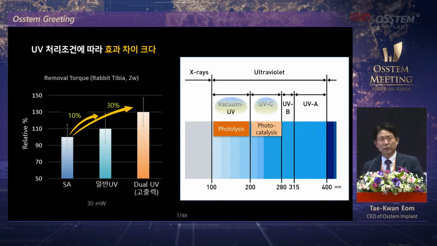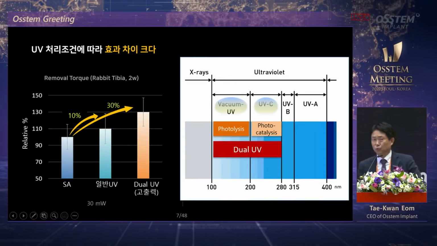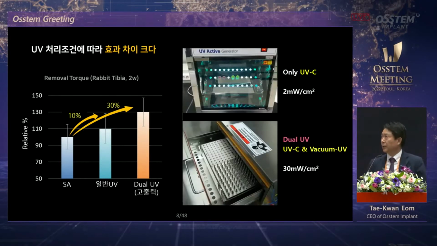The light is irradiated and only the irradiated part would be effective. So UVC is more favorable when the light is not irradiated fully. Osstem uses these two UVs, dual UV. So it is termed as dual UV, combining vacuum and UVC.